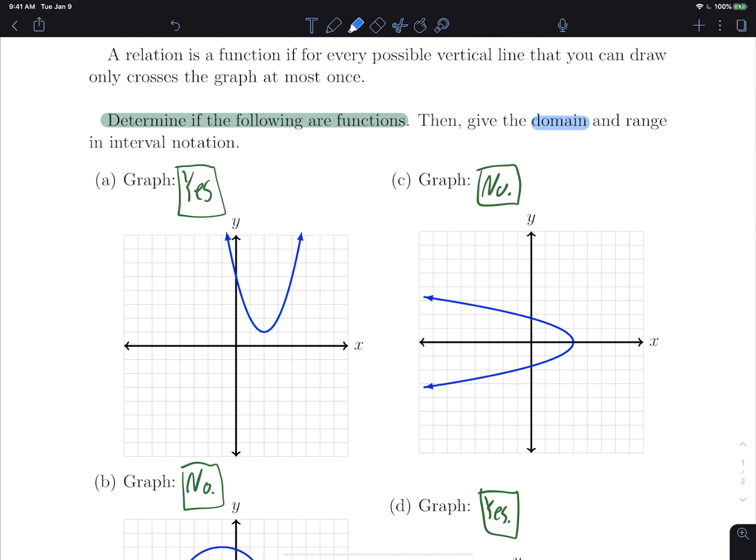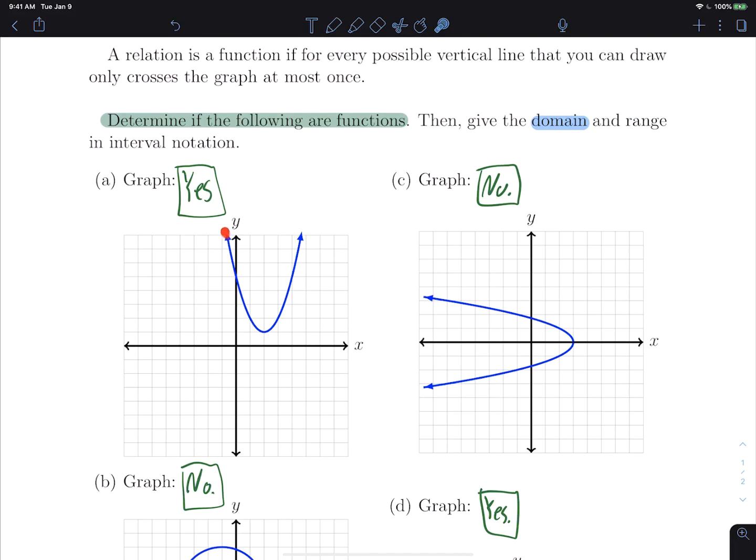Now, the domain is going to be the x values. So if you look at A here, we want to look at all the possible x values, but notice that this is a curve. With curves, we have an infinite number of points. That's actually what the definition of a curve is. It's every point that lies on a particular equation. So we want to make sure that we include all of that, which means we must use interval notation.